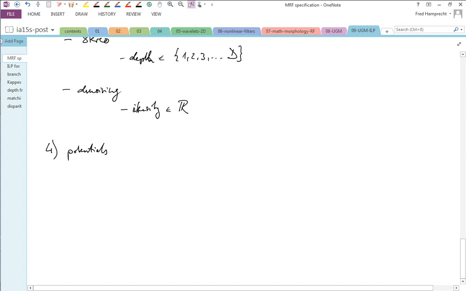Okay, so the unary potentials determine the distribution of a random variable, as I've just argued, and then pairwise or higher order potentials.